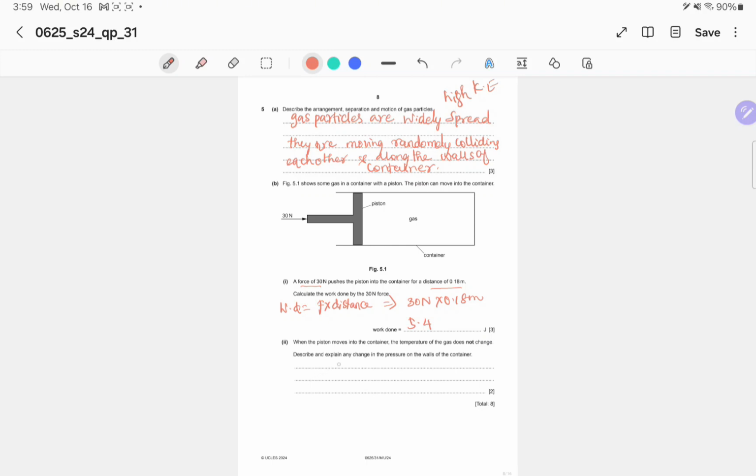As the piston moves inside, the pressure increases because the collisions are more frequent. That's all the reason.